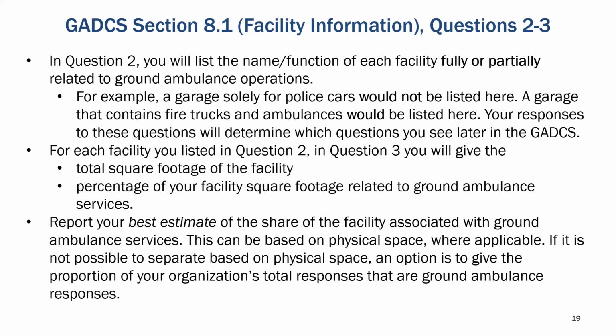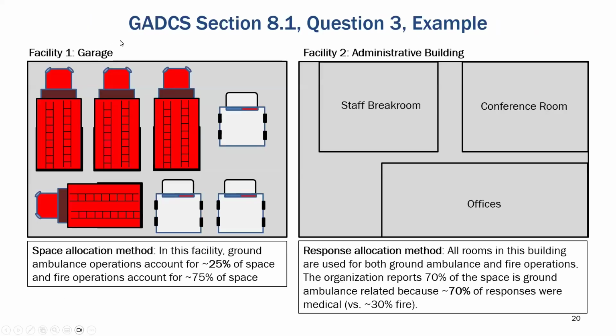So if it's a garage, you could think about the space used by ambulances versus fire trucks, say, as a way to ballpark the share of the square footage that's related to your ground ambulance operation. Just as an example of that, on the left-hand side here for facility 1, you could have a rough estimate of the share of square footage that your ambulances take up in a garage versus your fire trucks.